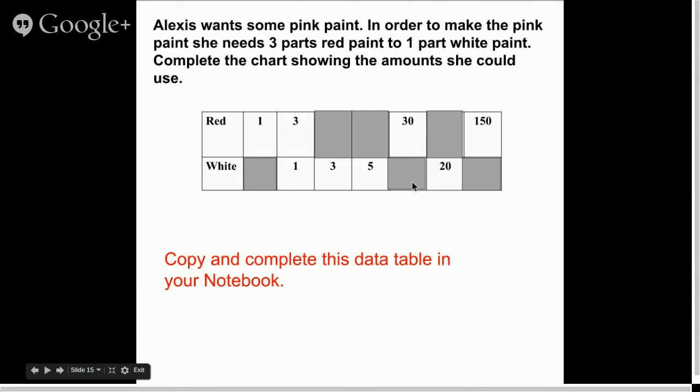This number needs to be 3 times smaller than this number, so 10. This number needs to be 3 times bigger than this one, so 60. This number needs to be 3 times smaller than this one, so 50.